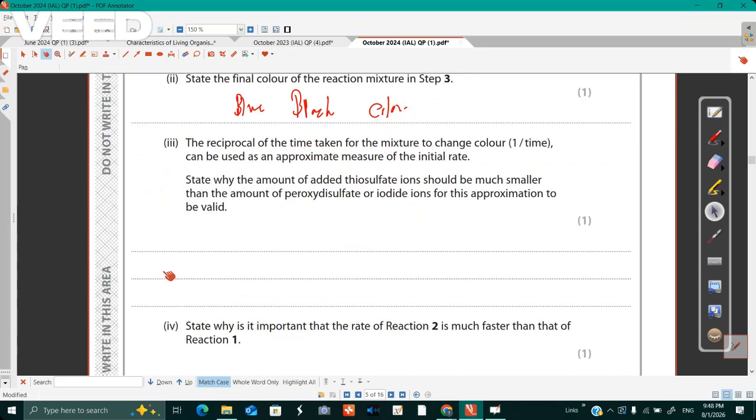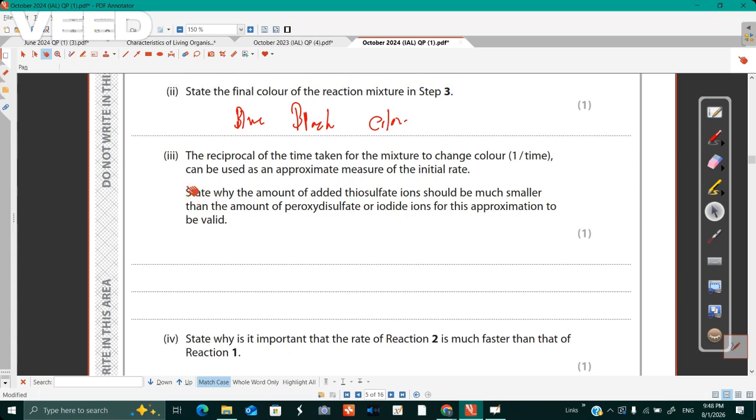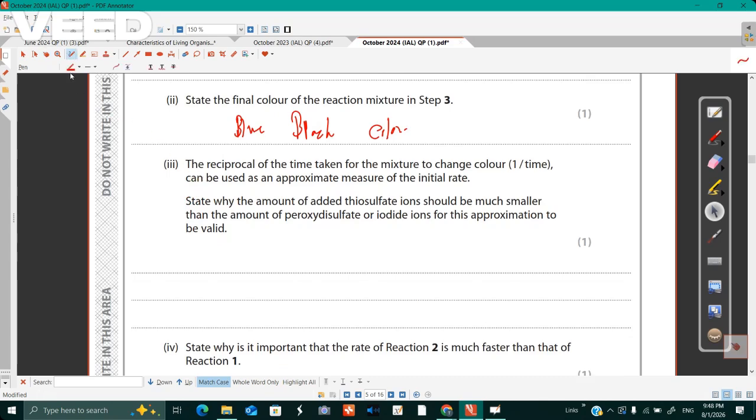The reciprocal of the time taken for the mixture to change color can be used as an approximate measure of the initial rate. Actually, rate is proportional to what? Rate is equal to minus delta reactant concentration over time. I am calling it minus delta because the concentration change is negative.